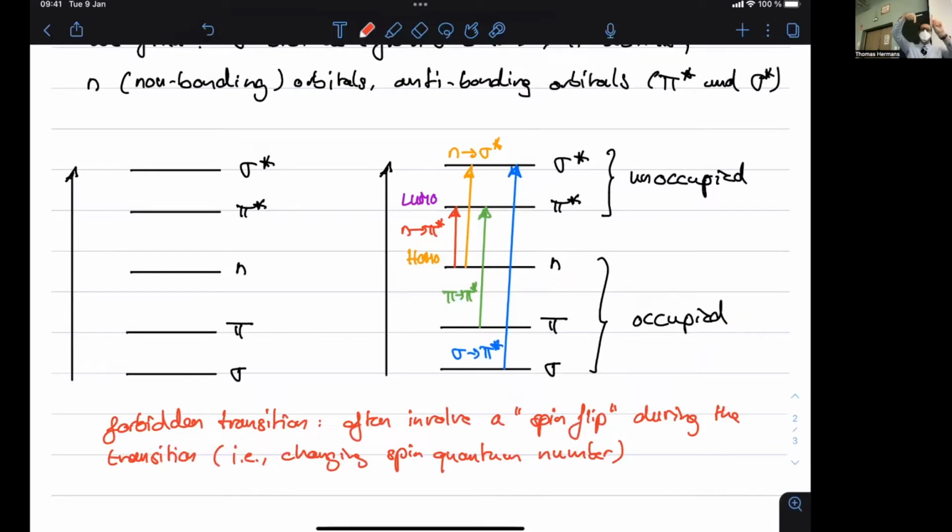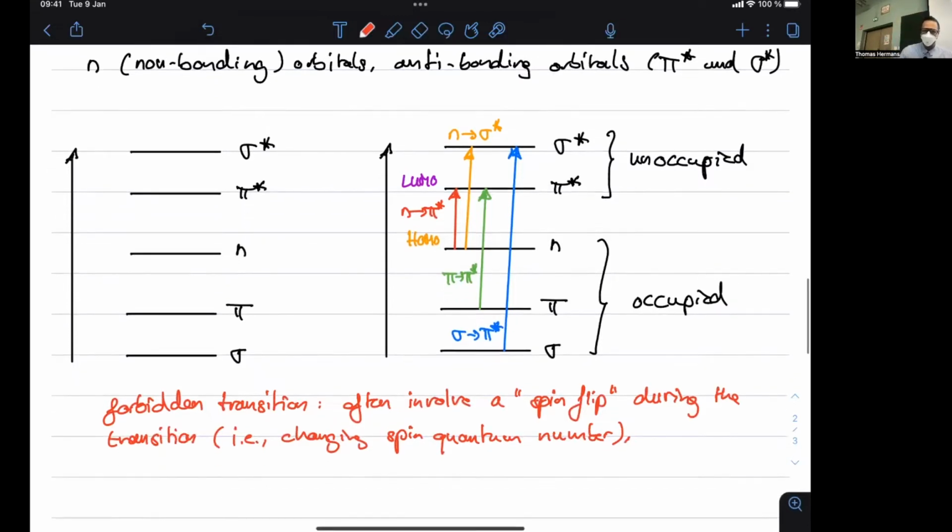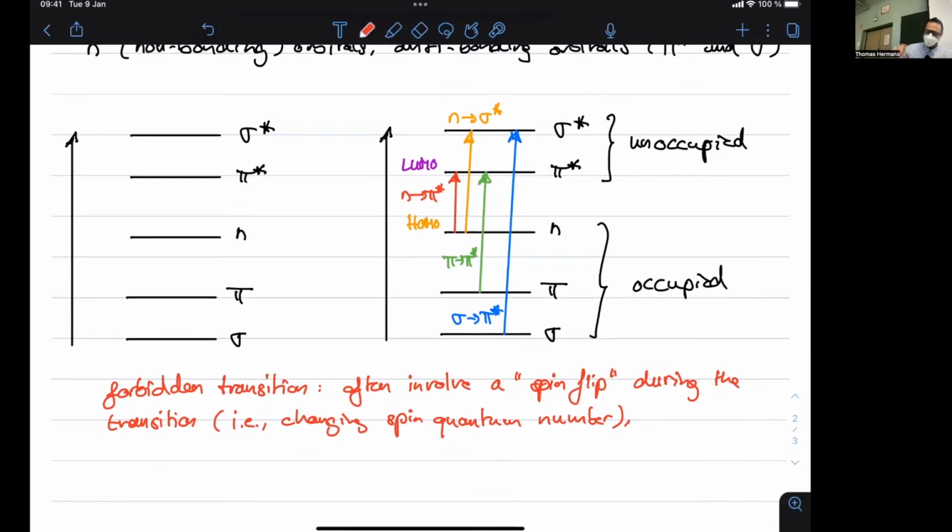And if they're paired like this, they are energetically favorable. If you have two spins that are up, they are repulsive. We'll get to that in the next class, okay? So for the moment, we just say either they have a spin flip or they can involve some symmetry considerations.